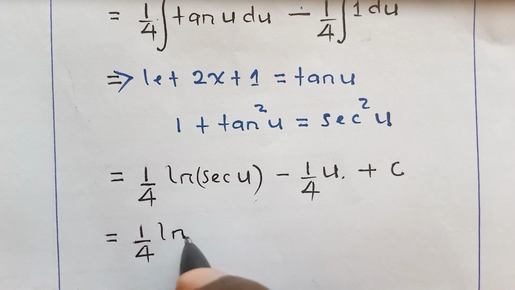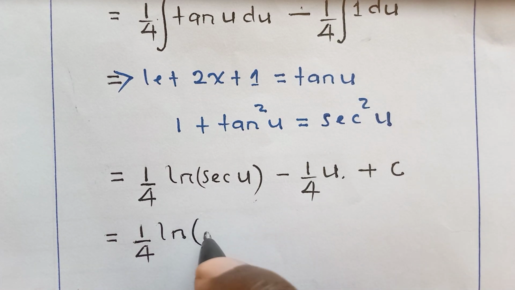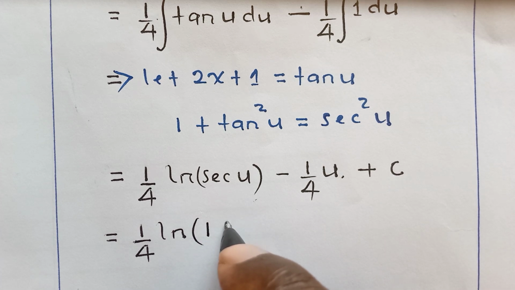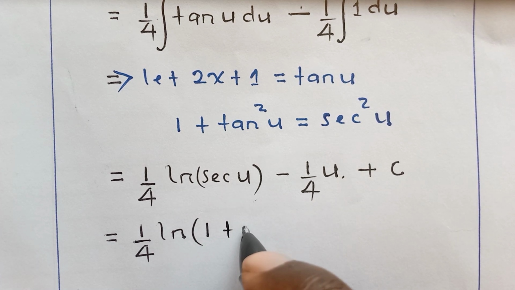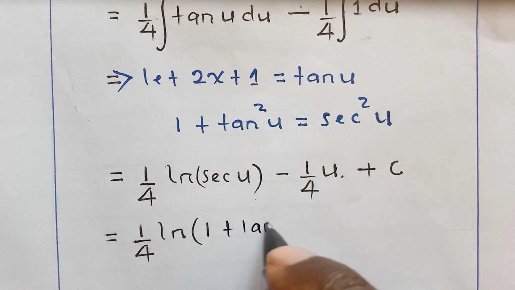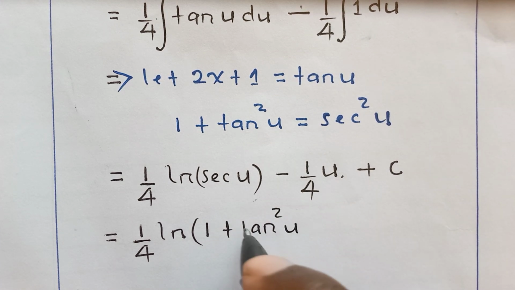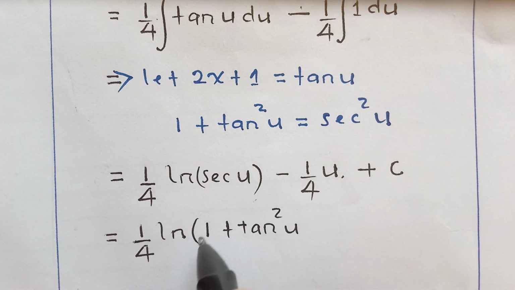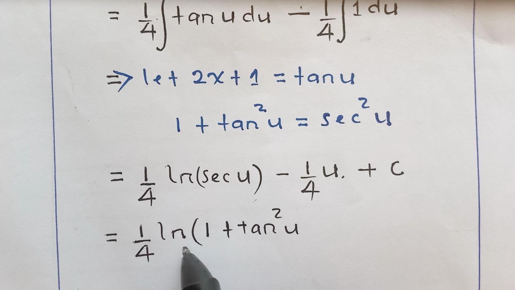So we are going to have here 1 plus tan squared u, like that, and this one now is going to be square root.